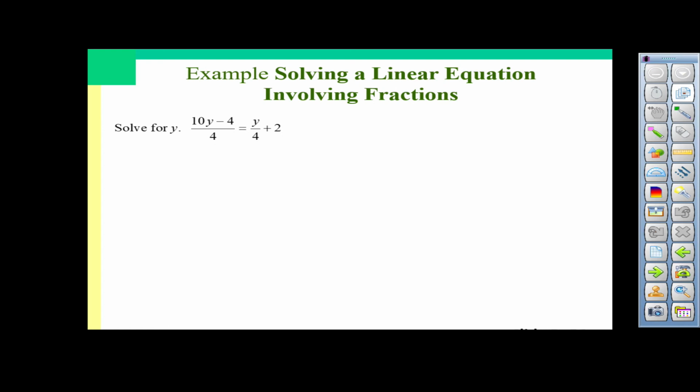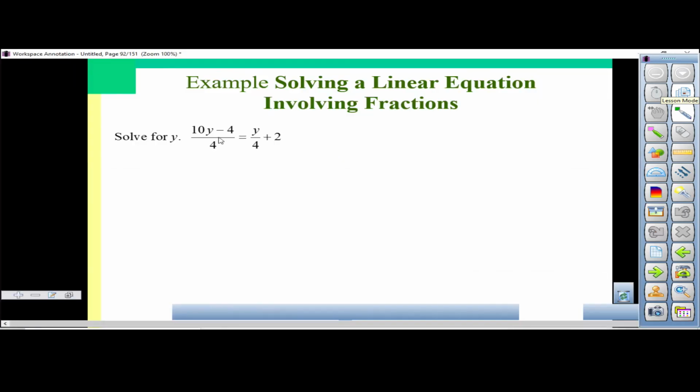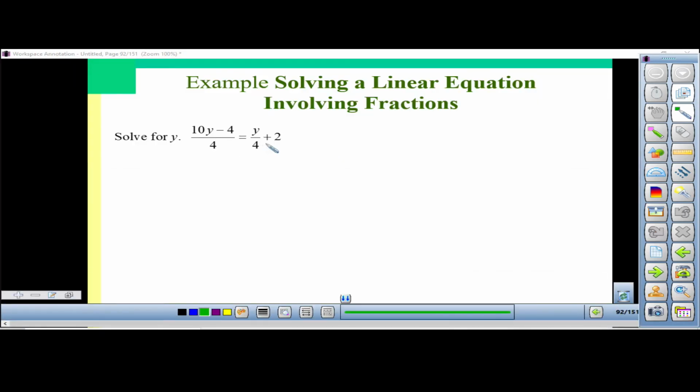All right. Let's see what's next for us. Next for us would be something interesting like this. So, gear up now for some work. Because this one has a fraction, we are blessed that we have a common denominator. For example, in this problem I see 10y minus 4 divided by 4 equals y over 4 plus 2.